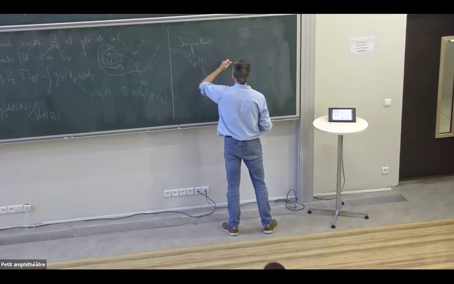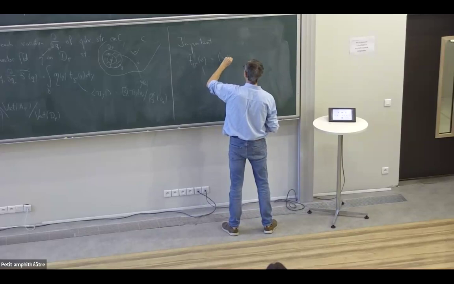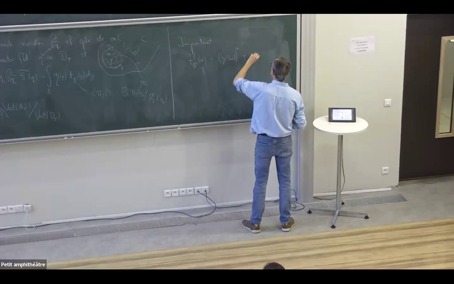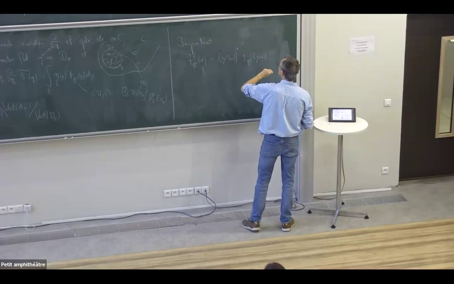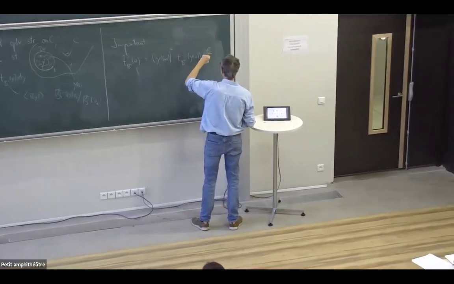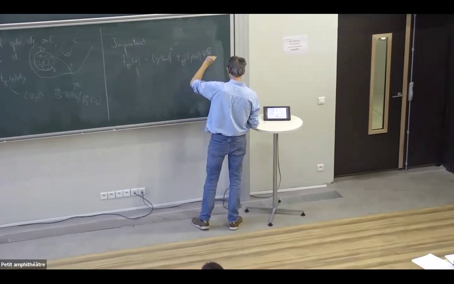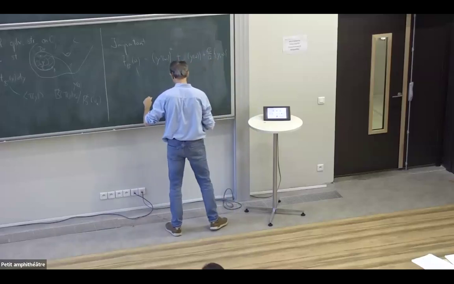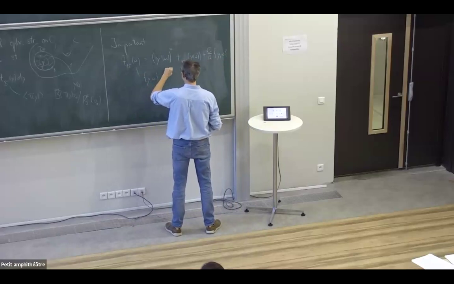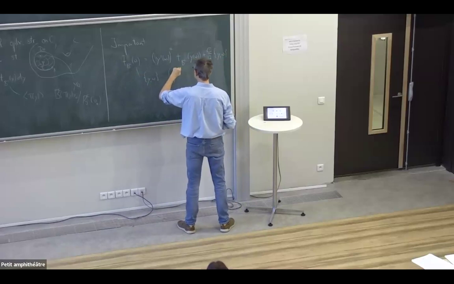Namely, here's the formula: y prime of w squared times the function of y of w, and the all-important extra bit, c over 12 times the bracket of y comma w, which is defined as follows. The expression is not very illuminating, but we'll need it for something next time.